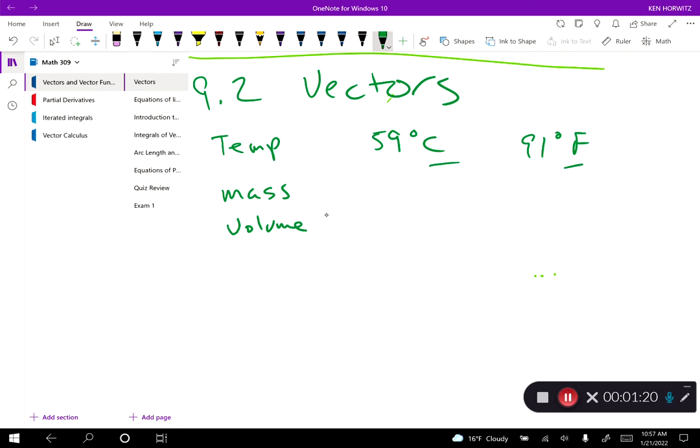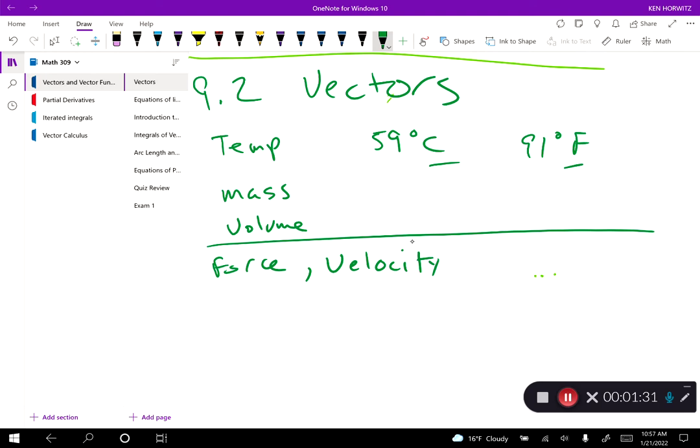Now, not everything is a scalar quantity. For example, things like force, velocity, acceleration can't be characterized by a single number with units.